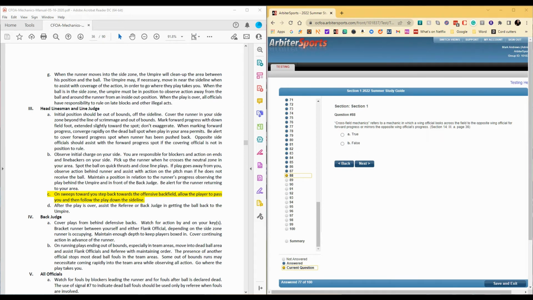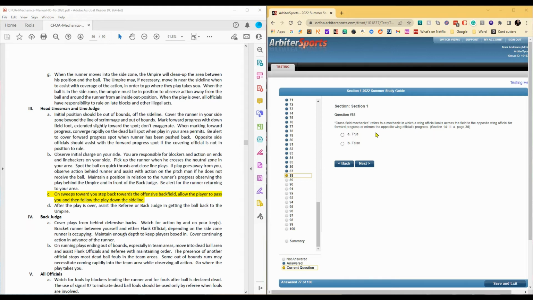Question 88. Cross-field mechanics refers to a mechanic in which a wing official looks across the field to the opposite wing official for forward progress or mirrors the opposite wing official's progress. The reference is to page 36, which doesn't use the word cross-field mechanics, but this is definitely what cross-field mechanics is.